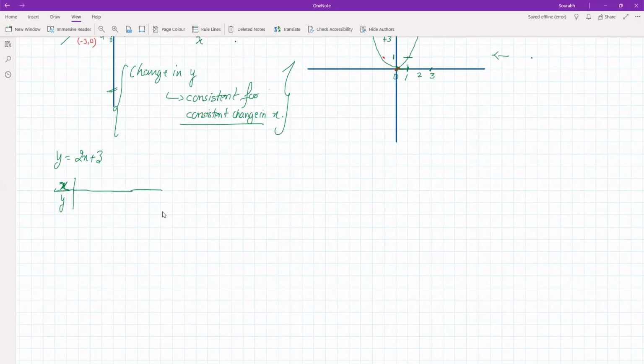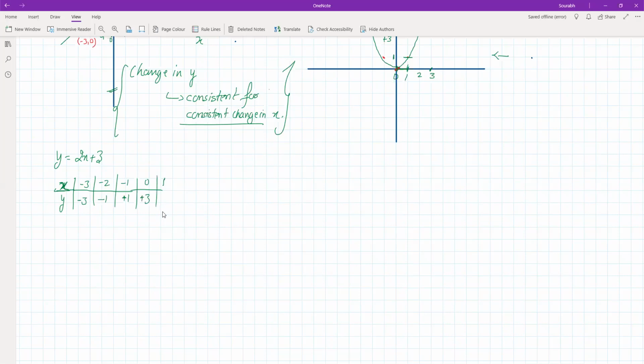So if x is minus 3, y will be minus 3 into 2 plus 3, that is -3. If x is minus 2, then y is -1. Suppose minus 1, plus 1. If it is 0, 3.